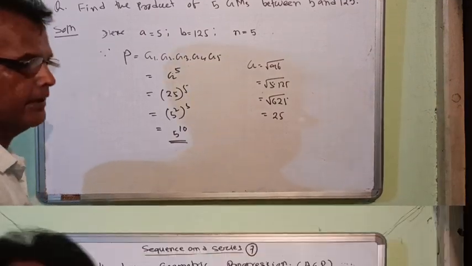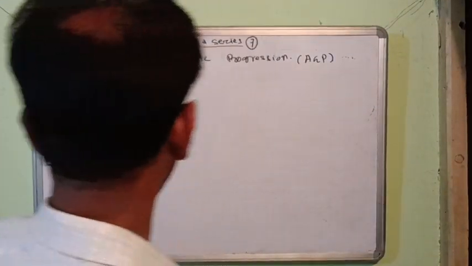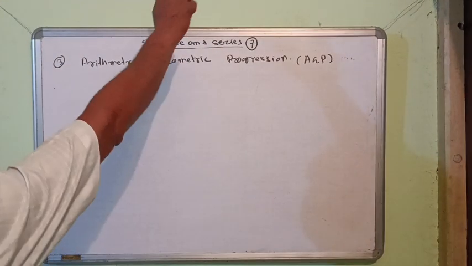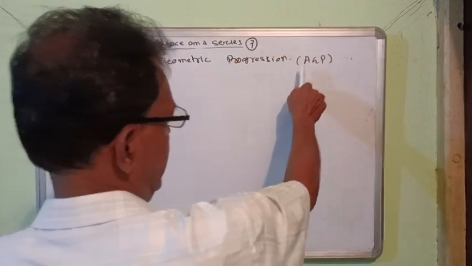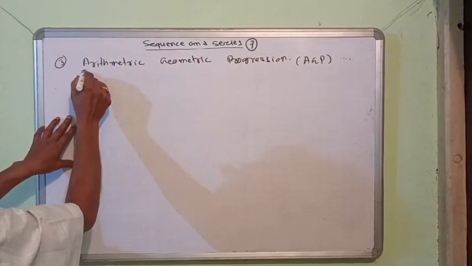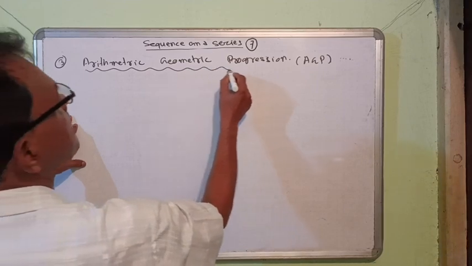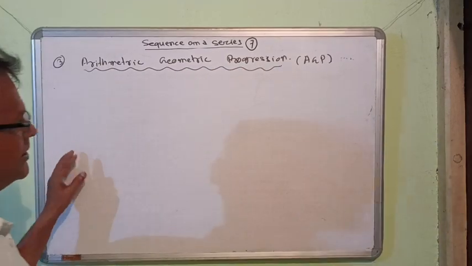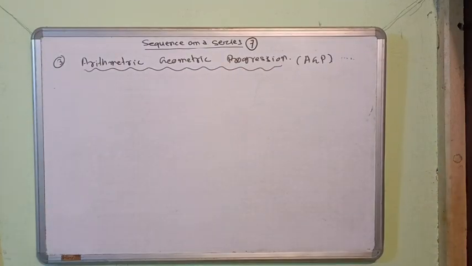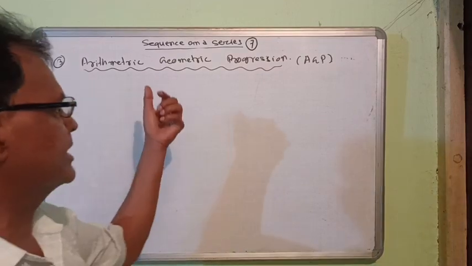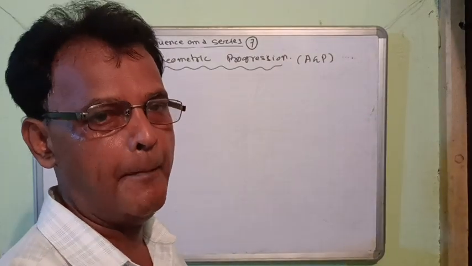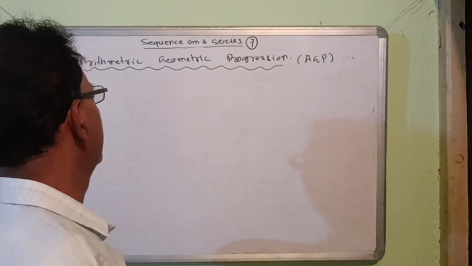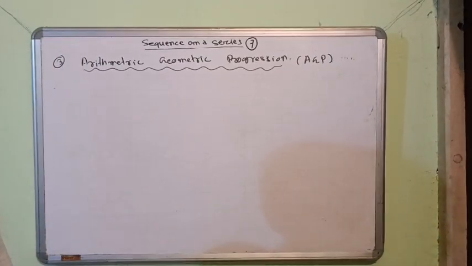That is the reason. Now we discuss one theory that is known as the arithmetic geometric progression. This is AGP, arithmetic and geometric progression. This progression is like this. Each term of an arithmetic geometric progression is the multiple of terms of an AP and a GP.